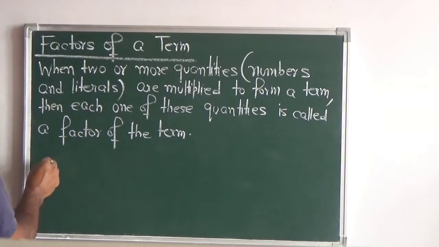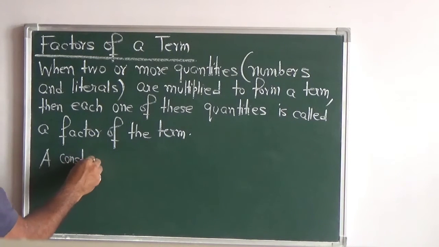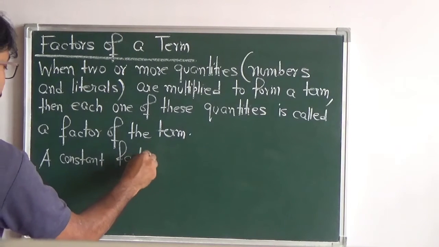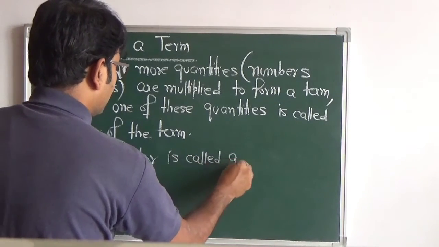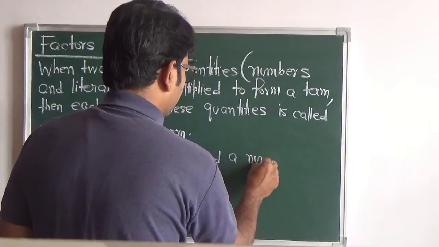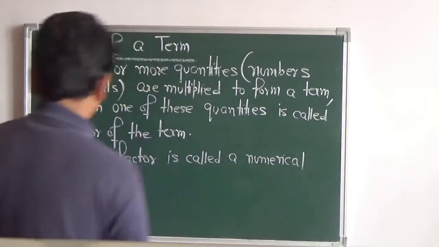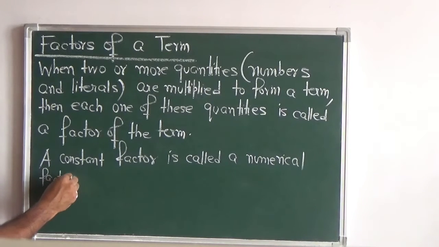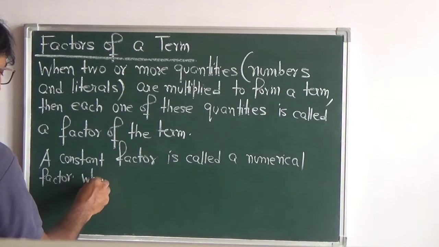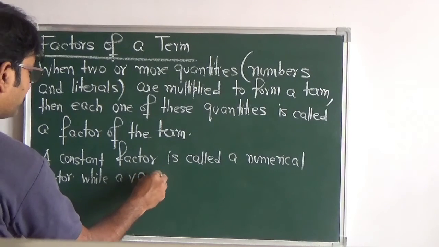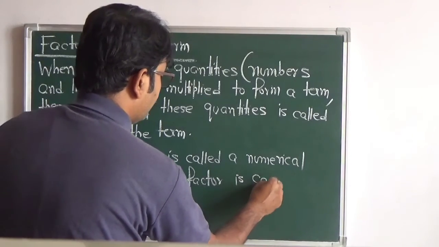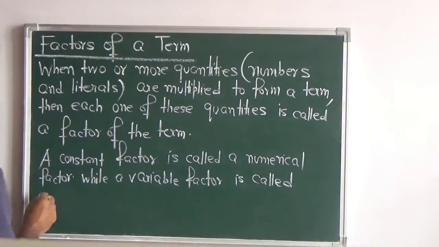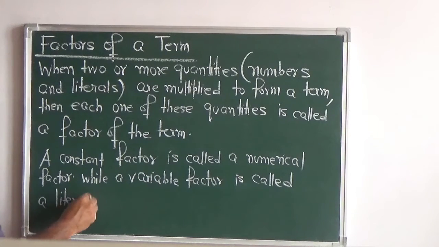So a constant factor is called a numerical factor, while a variable factor is called a literal factor.